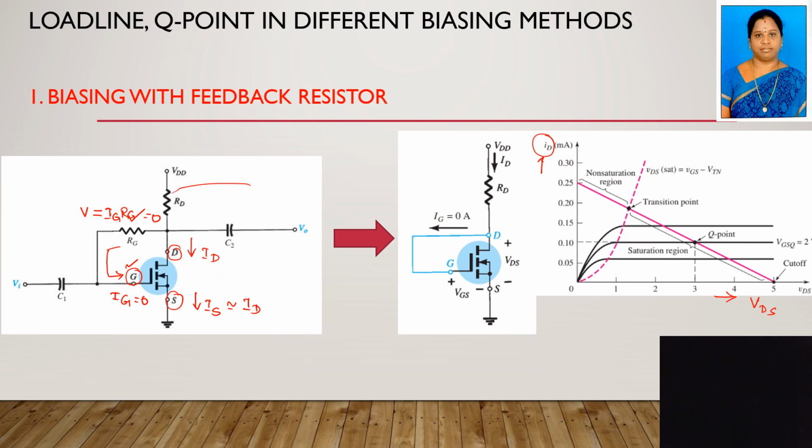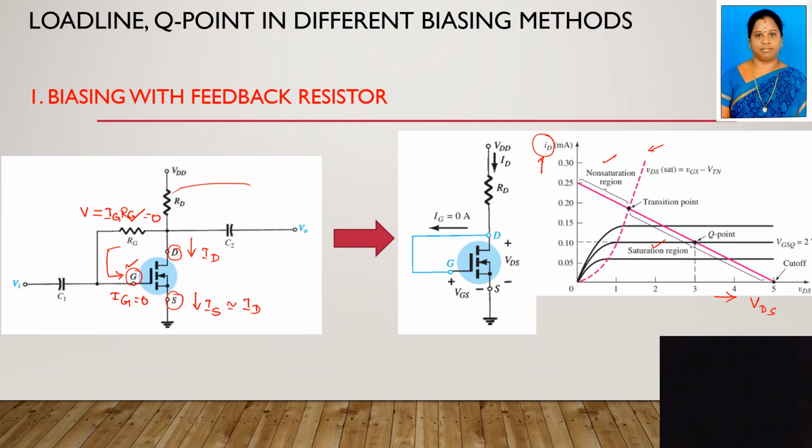This dotted line indicates the transition point. Up to here is called the non-saturation region, and after this transition point is called the saturation region. I told you, if you want to make the MOSFET an amplifier, we have to operate it in the saturation region.